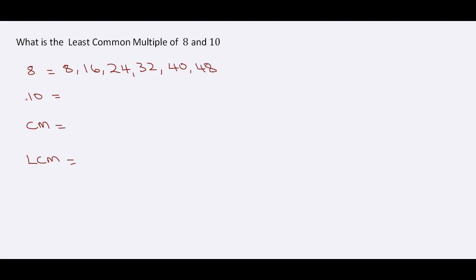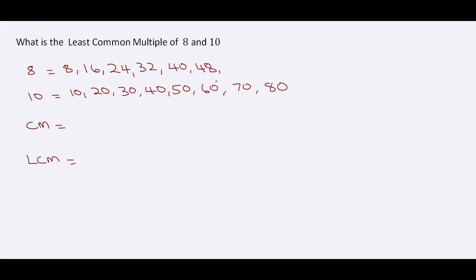Let's stop there. For 10, we have 10 by 1, 10, by 2, 20, by 3, 30, by 4, 40, by 5, 50, by 6, 60, by 7, 70, by 8, 80.